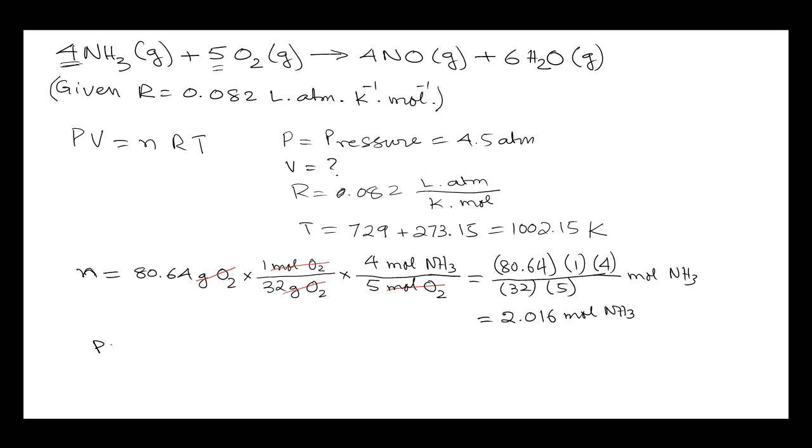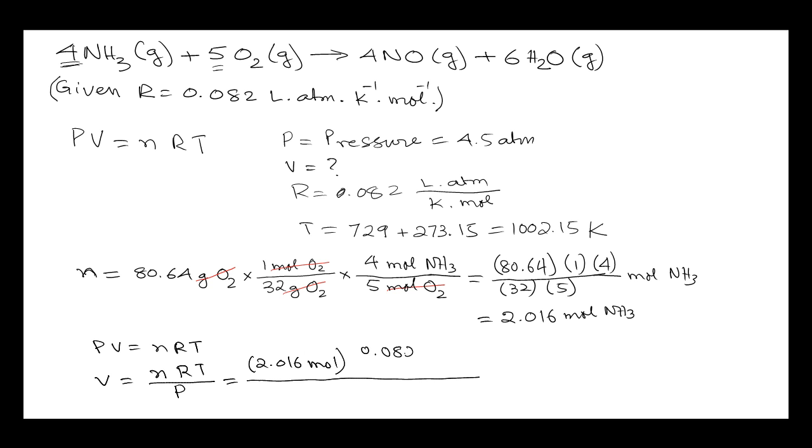Using that equation, PV equal to nRT, if we do the cross multiplication, we put the P underneath the nRT on the right side, then we have V is equal to nRT divided by P, and we have n to be 2.016 mole, okay, then R is equal to 0.082 liter atmosphere per Kelvin per mole.